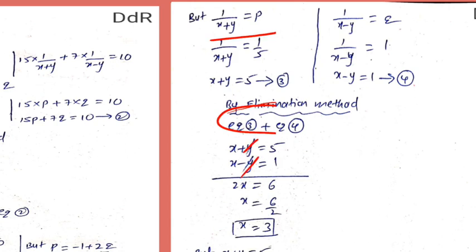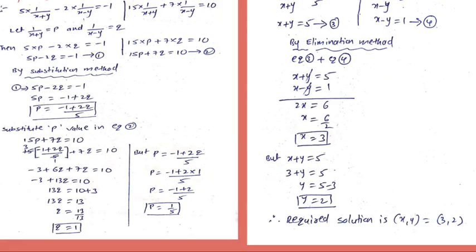So plus y minus y cancel, 2x equals to 6, x value 3. Now substitute this x value 3 either in equation 3 or equation 4. Equation 3 is x plus y equal to 5, but x equal to 3, then y equals to 5 minus 3, y equal to 2. So then our required solution is x value 3, y value 2.